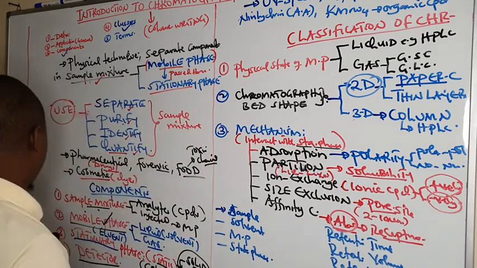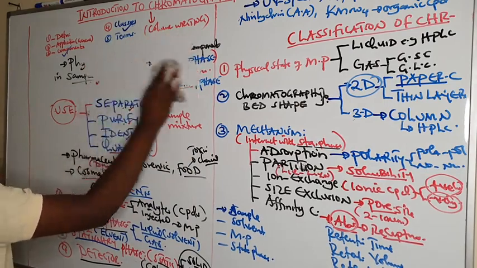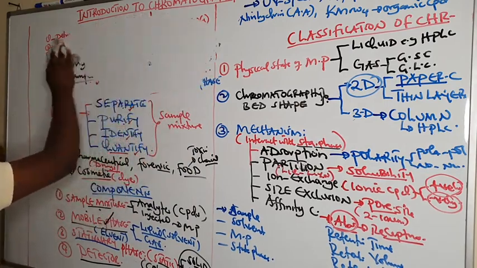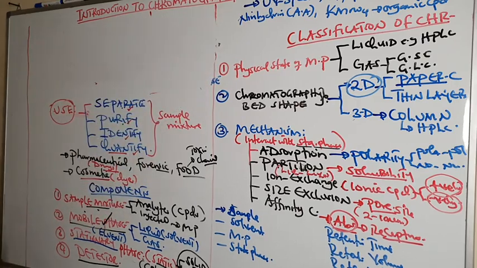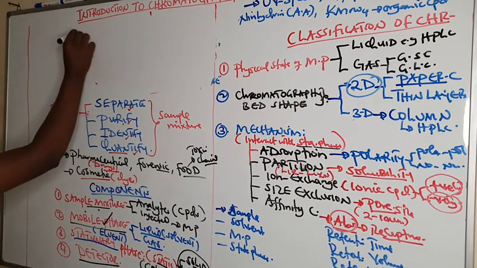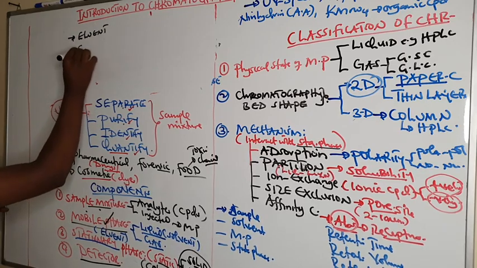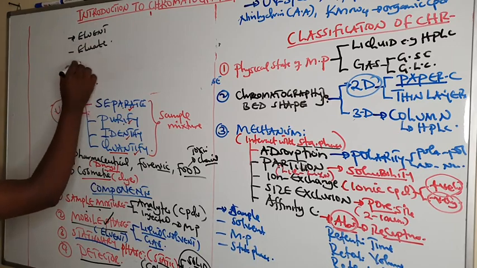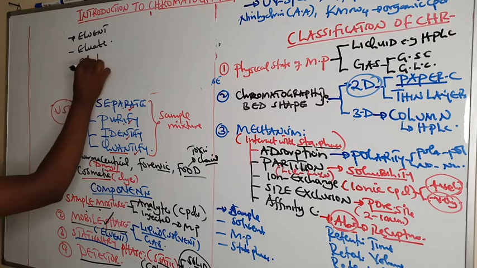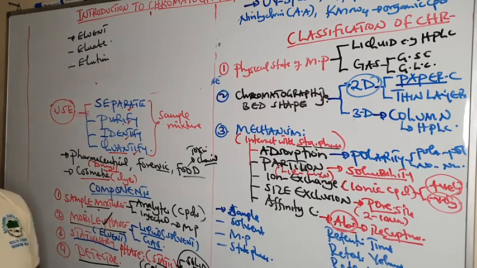Then we shall go ahead to talk about some other terms used in chromatography, such as eluent. Then we have eluate, we have elution, and many others we shall say.